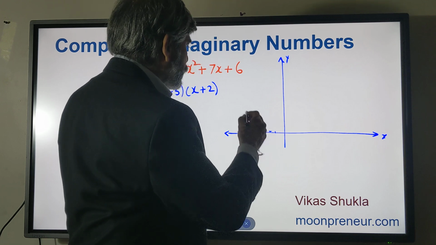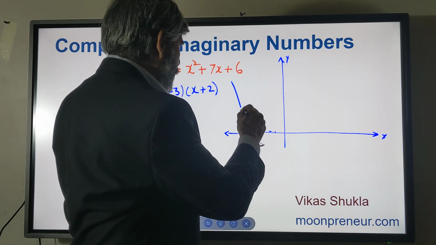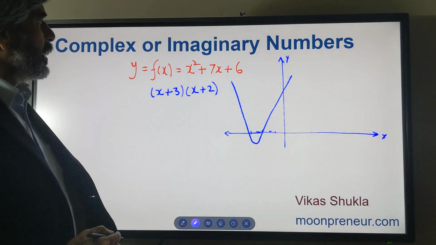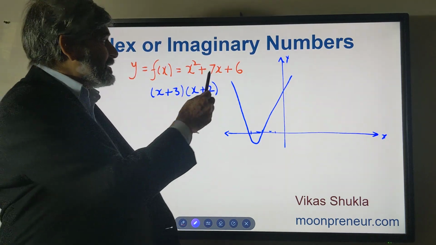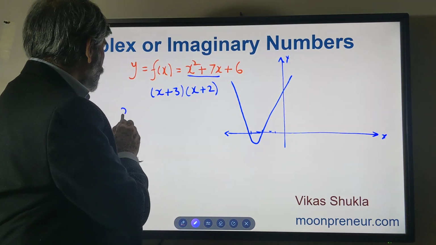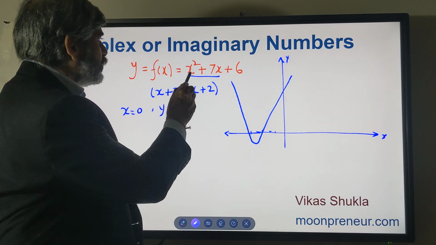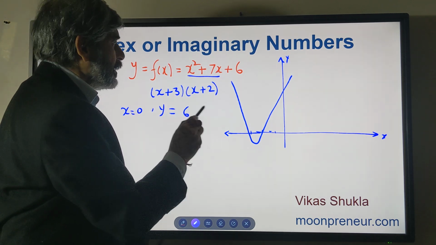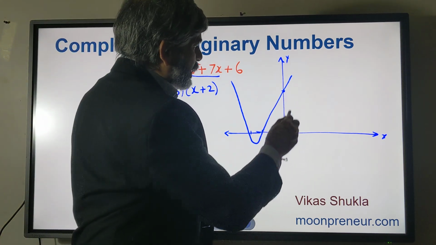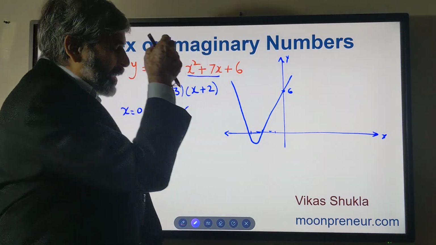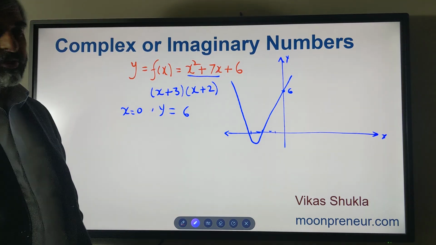So it's going to look like a parabola, something like this. And when x is equal to 0, y is equal to 0 plus 0 plus 6 is 6, which means that at x equal to 0, this number is 6. So this is the parabola and these are its solutions.